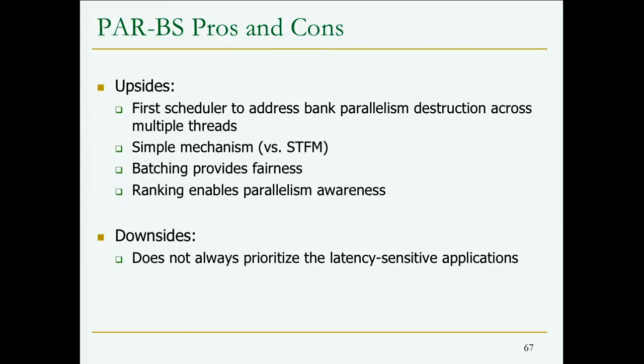If you serviced it, you would break the principle of batching, but you would make this core make faster progress. The paper explores policies that try to break the batch, but it doesn't do a good job because that leads to the breaking of the non-starvation guarantees. Okay, so this is one.